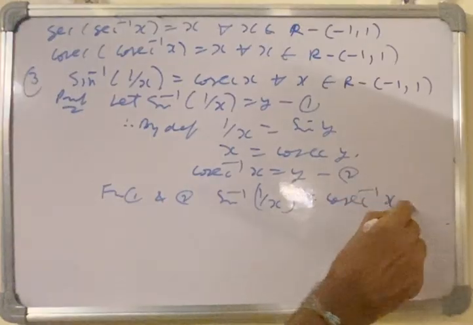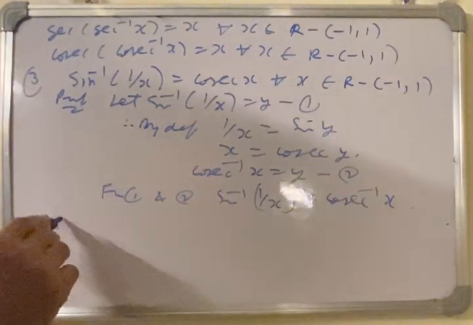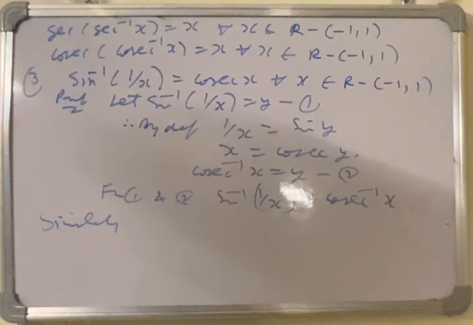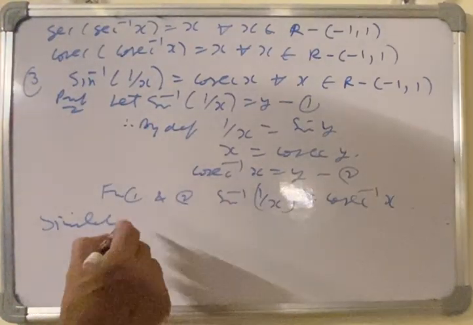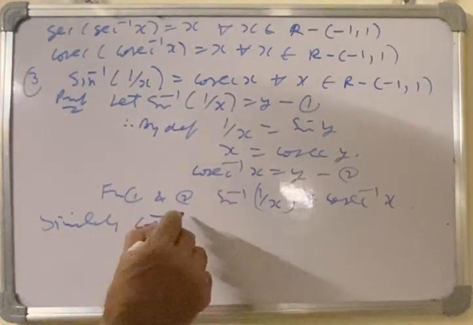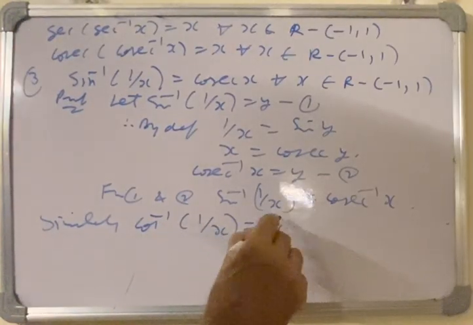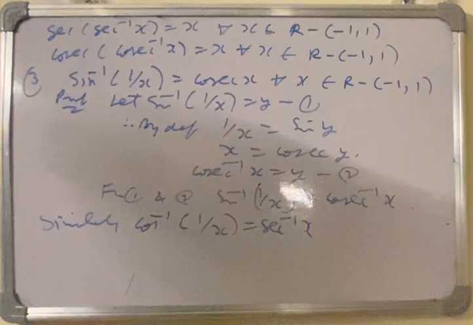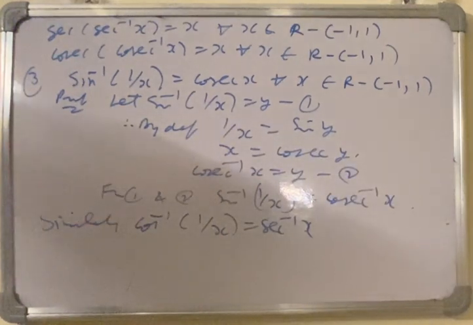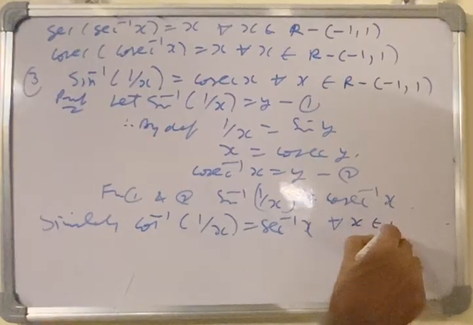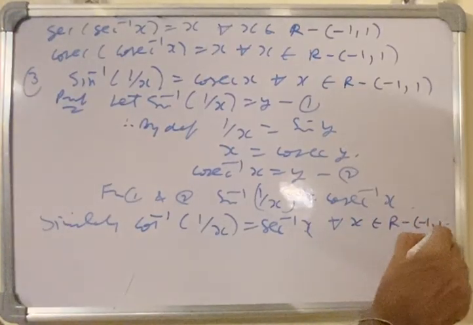cosecant inverse x. Similarly, cosecant inverse 1 over x is equal to secant inverse x, for all x belonging to R minus the open interval minus 1 to 1.